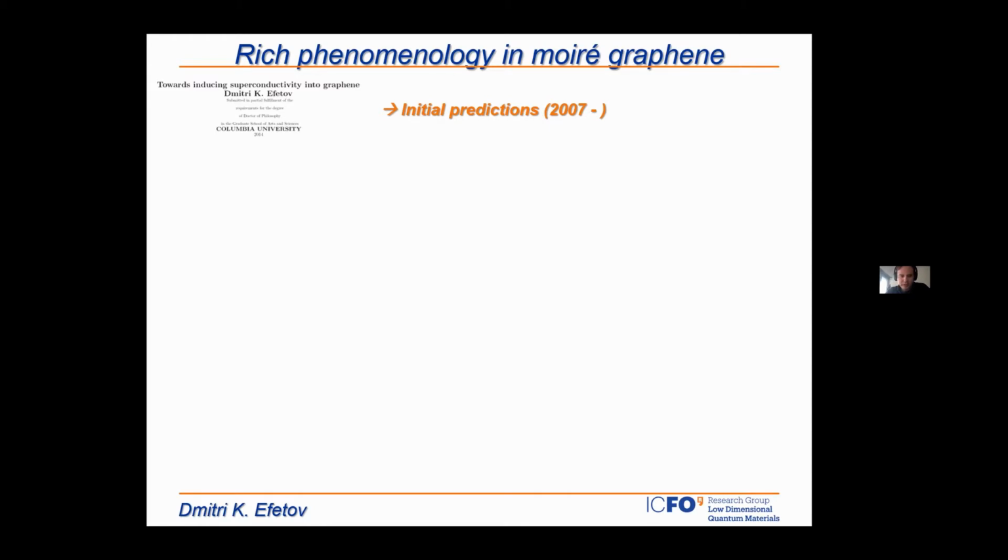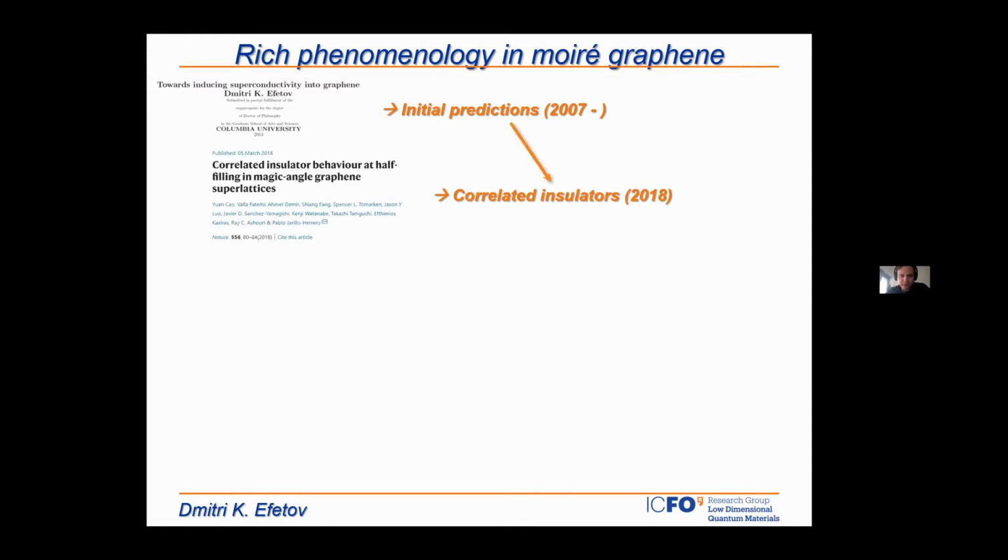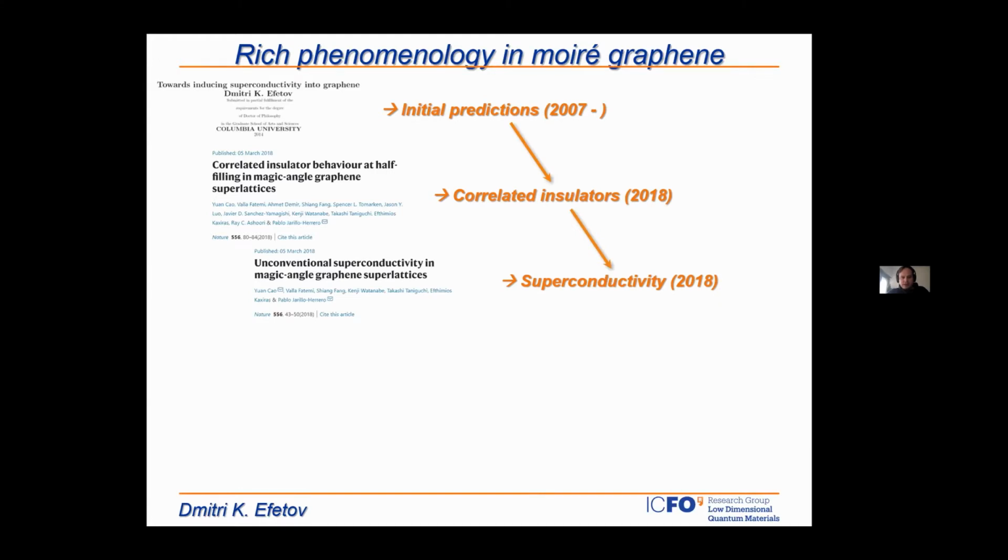However, the breakthrough then came with Pablo Jarillo-Herrero 2 years ago, who basically introduced a novel type of graphene called twisted bilayer graphene. And he showed that really in this type of graphene, correlations can be strong, and he observed correlated insulators. And side by side, in those two papers, he also reported on superconductivity in these devices.